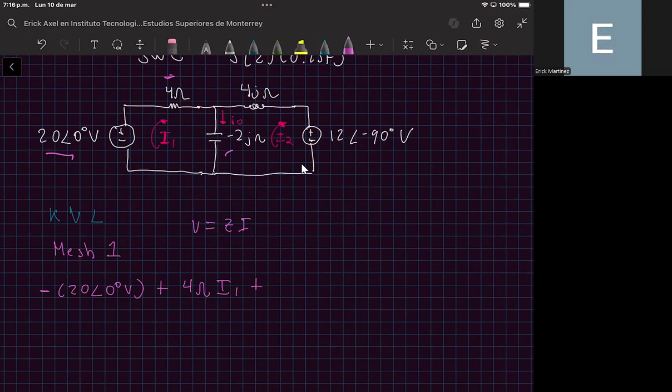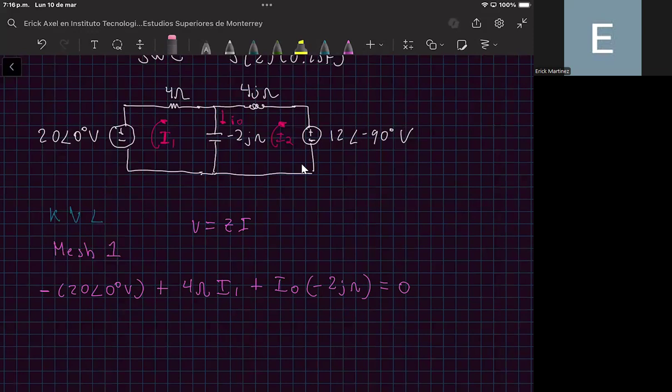So this is equal to I sub 0 times the impedance of the capacitor, that is 2J ohms, okay? And well, according to the Kirchhoff voltage law, the sum of all of these values should be equal to 0. Okay? So that is a crucial point to consider.